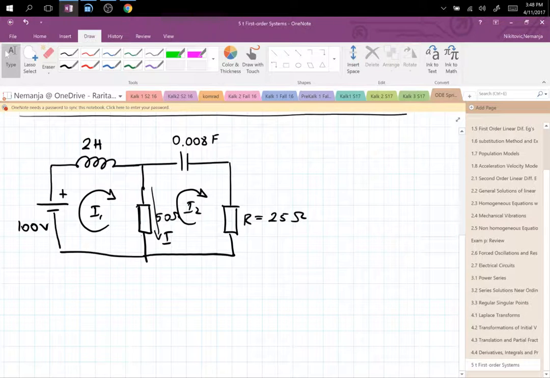So the first loop, we have 4 inductors. Inductors. What happened? Your DC and DC inductors and capacitors. Yeah. So it's AC.